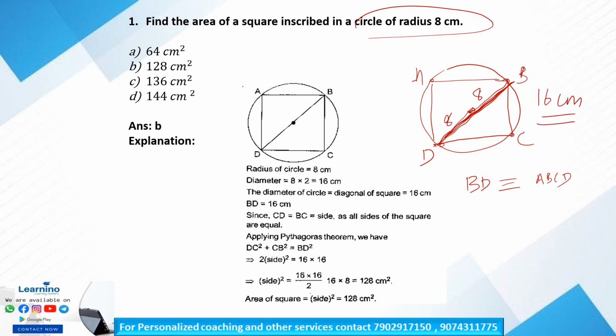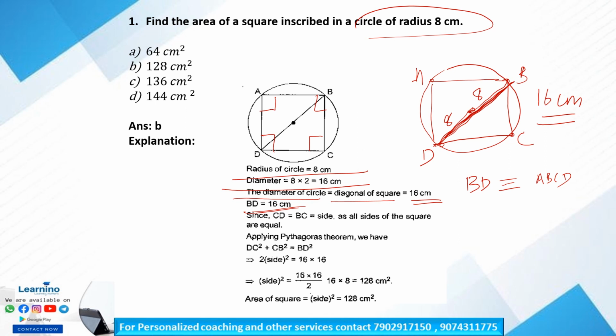So the radius of the circle is 8 centimeter, diameter is 8 into 2, equal to 16 centimeter, and the diameter of the circle is equal to the diagonal of the square, that is 16 centimeter. So BD is equal to 16 centimeter. Next, ABCD is a square, so angle A is 90 degree, angle B is 90 degree, angle C is 90 degree, and angle D is 90 degree.